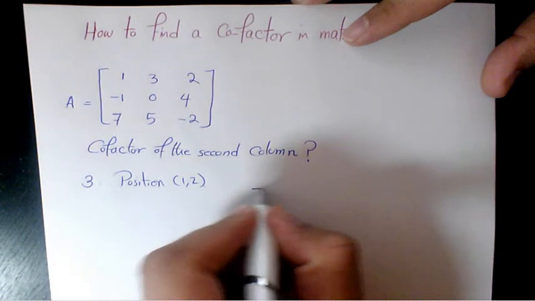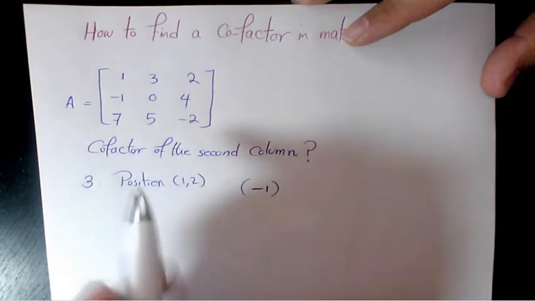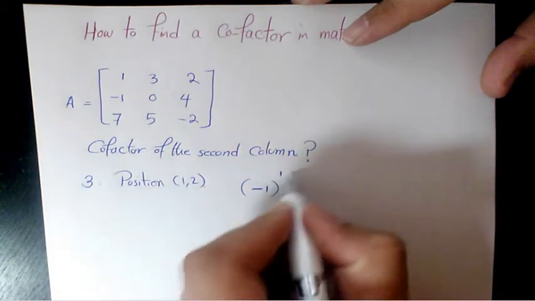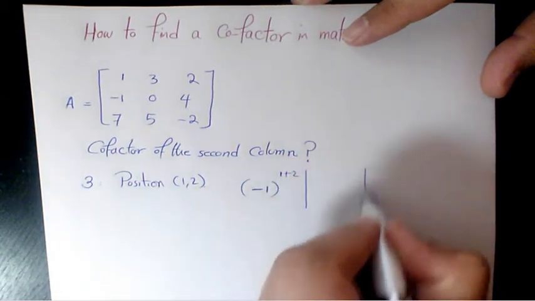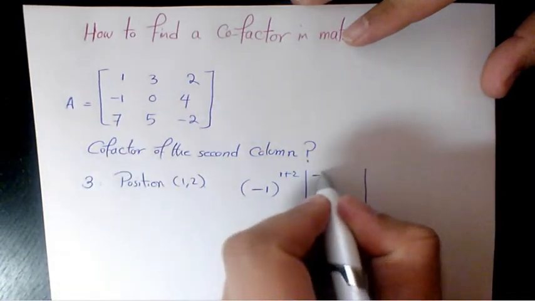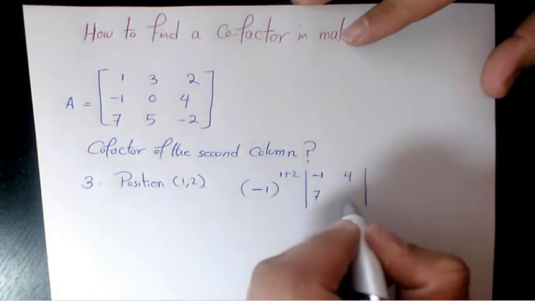But before that we need to say negative 1 to the power of the summation of the position. So we have 1 plus 2 times the determinant of negative 1, 4, 7 and negative 2, basically the remaining elements.